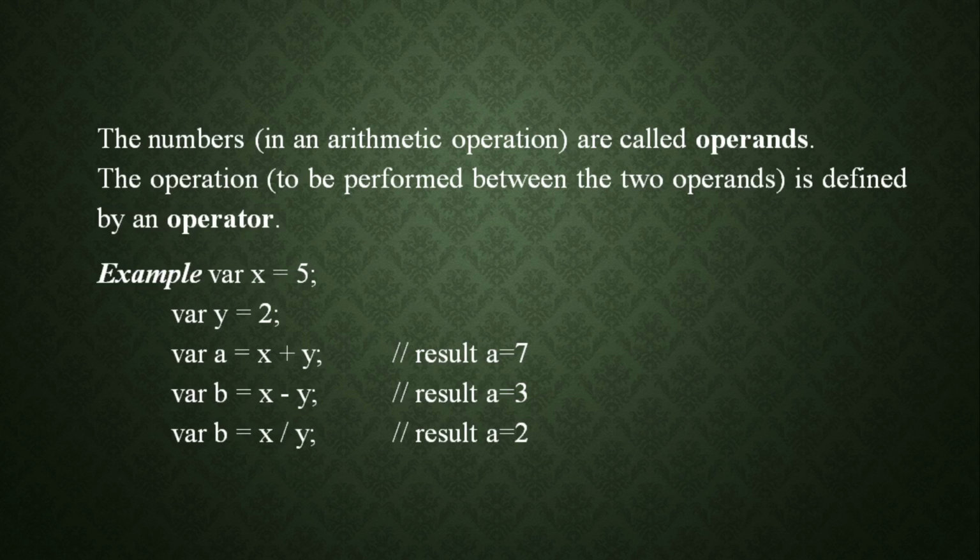If you see the example, here I have taken a equals x plus y. x equals 5, y equals 2. Now, x plus y means 5 plus 2. 5 and 2 are operands with the operation plus.